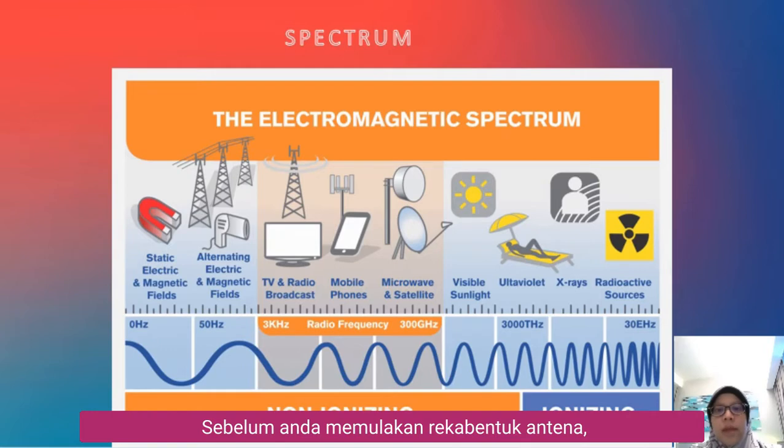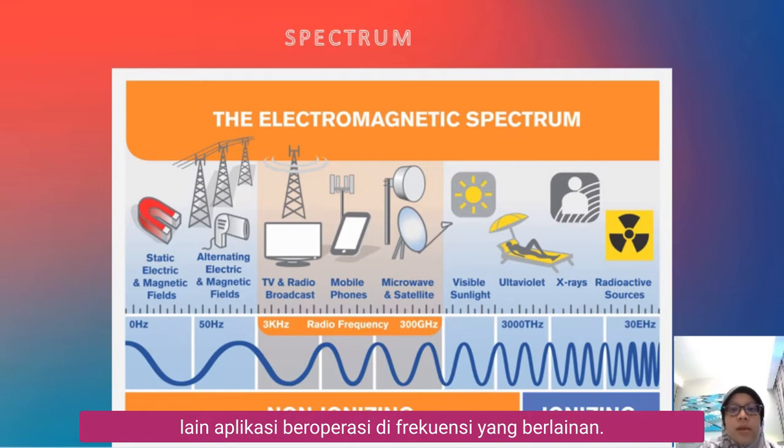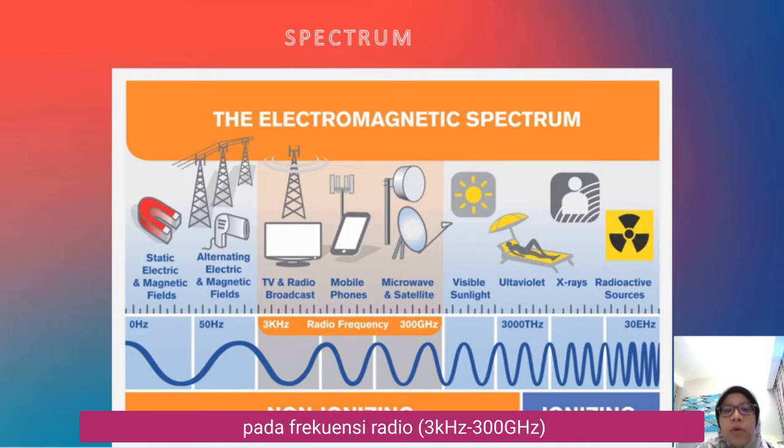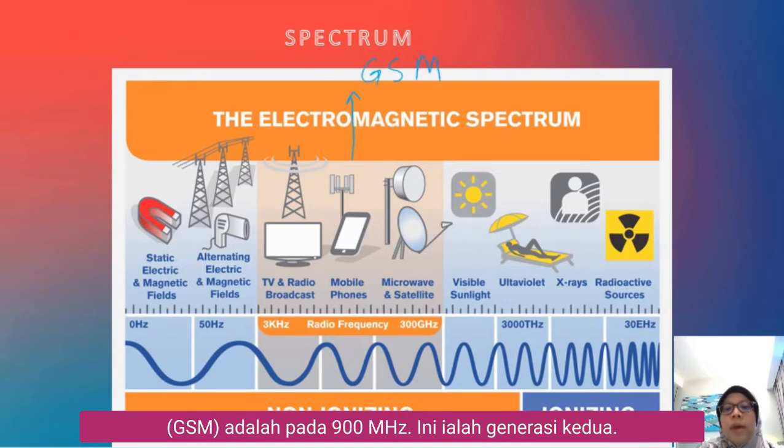Before you start to design an antenna, you need to know which application you are planning to design the antenna for. So as I've mentioned before, different types of application have different frequencies. For example, TV and radio broadcast are around the radio frequency range, while for mobile phone, for example, long time ago you had GSM at 900 megahertz.